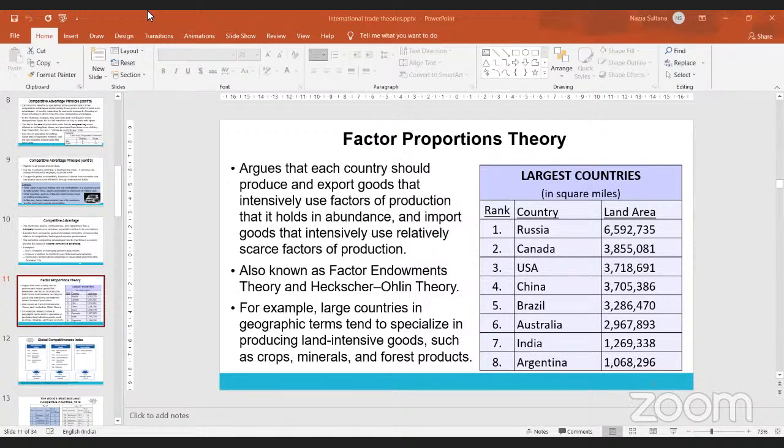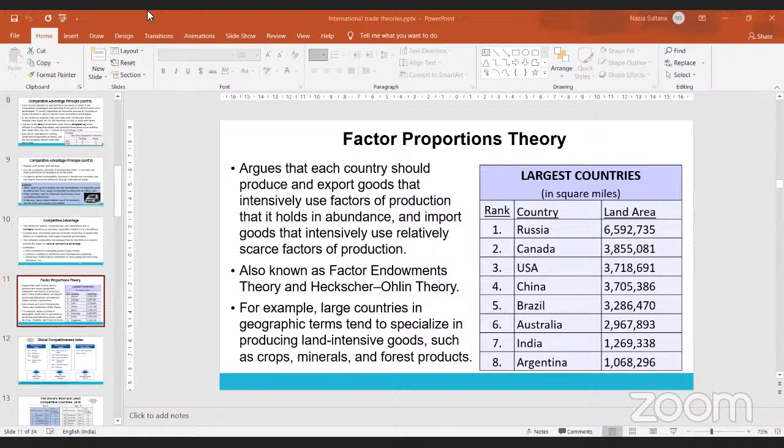So let the country concentrate on producing and exporting that commodity which uses the factor of production they have in abundance, rather than producing that commodity where they don't have the factor of production. Let them import those goods which would use a factor of production that is scarce.